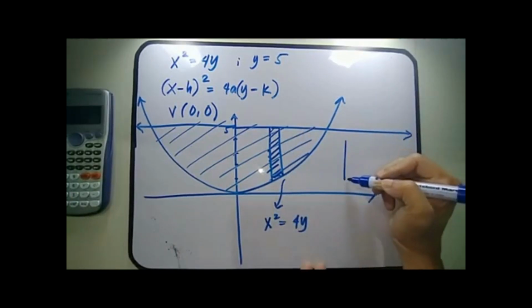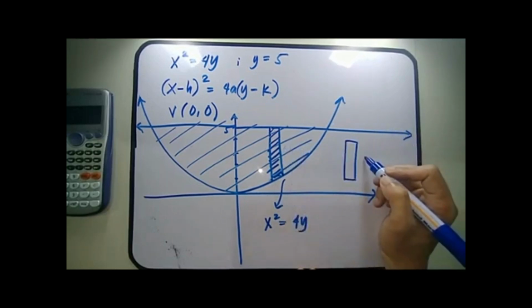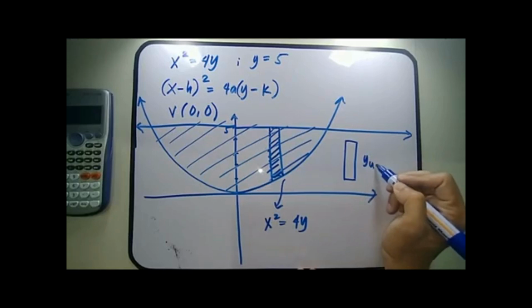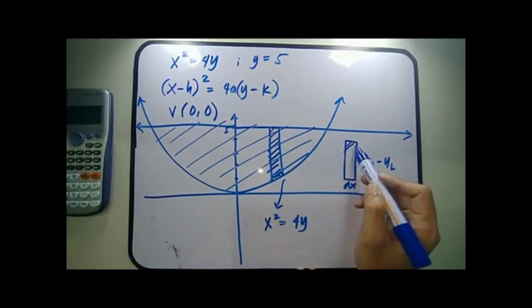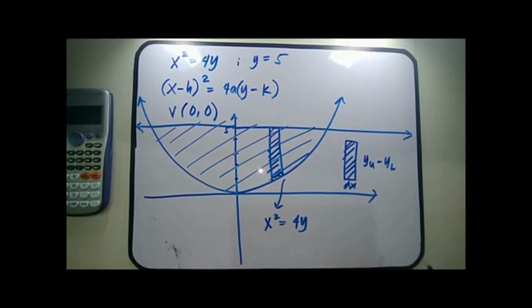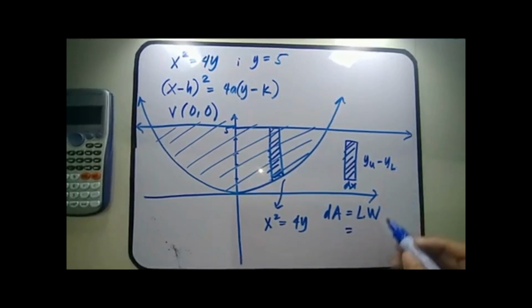You have here the length that is y upper minus y lower. So the width is differential of x. Then this differential of area is length times width. You have this length, y upper minus y lower, times differential of x.